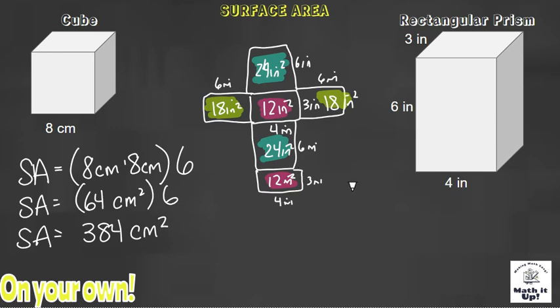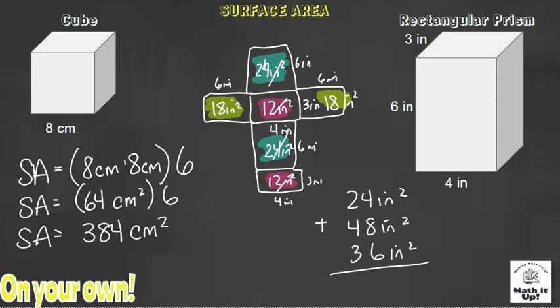Top and bottom, 12 and 12 would be 24 inches squared. We have 24 and 24, that's going to be 48 inches squared. Got these all done. And then 18 and 18 is going to be 36 inches squared. And we will add that all up to be 108 inches squared. And that's it.